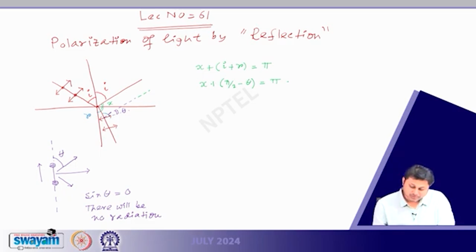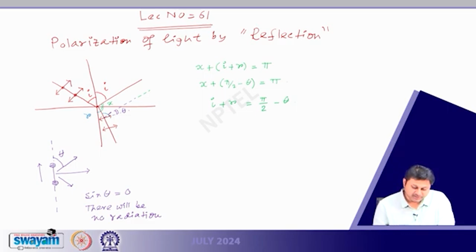So, from these two, I plus R will be equal to pi by 2 minus theta. Now, what happens if theta equals 0?